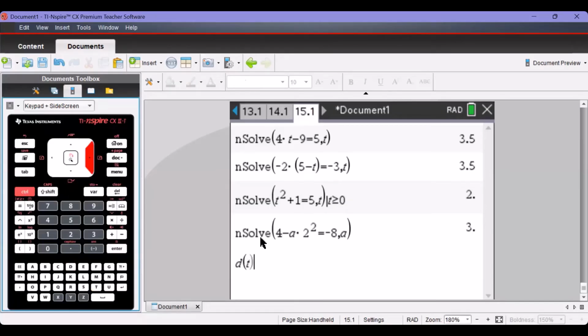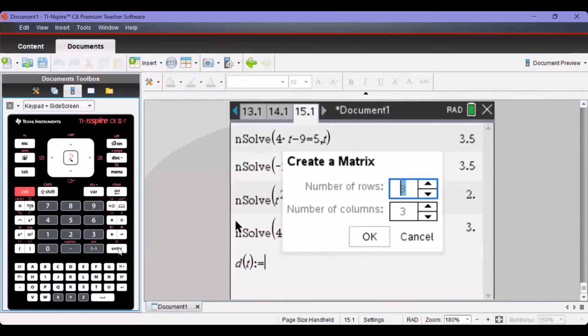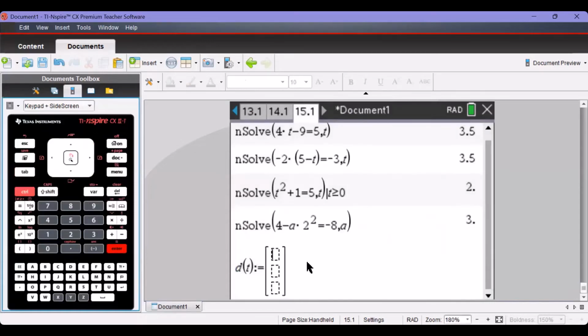So we'll press Control, symbols template to get the assign command. Press the catalog, select the m by n matrix template, and we want to create a column vector. 3 rows is good. Press tab, 1 column, press tab to highlight OK and press enter.